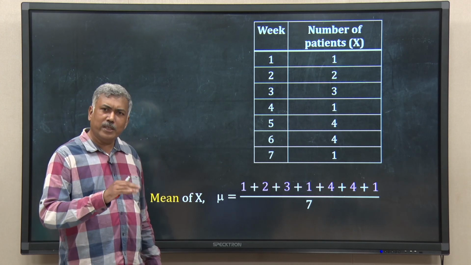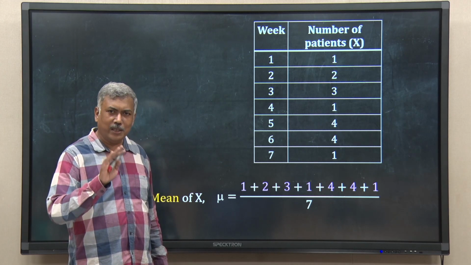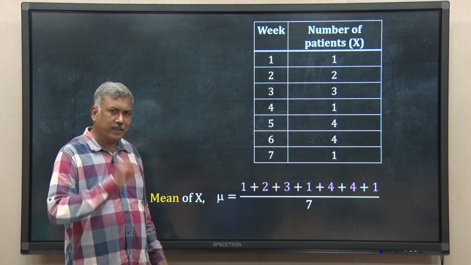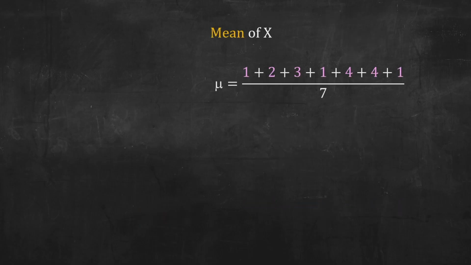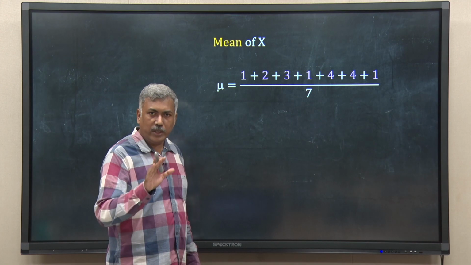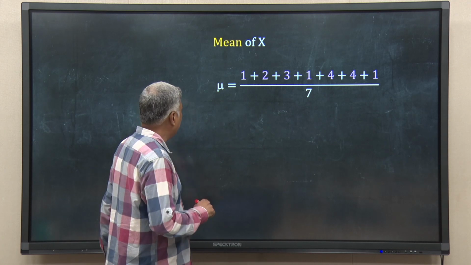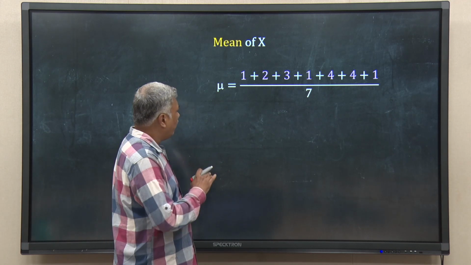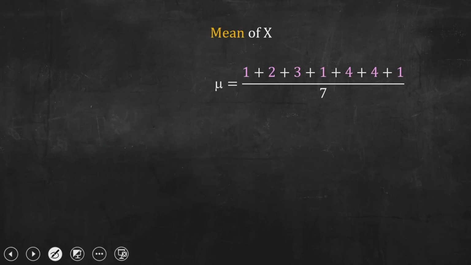Now, I want to do the same mean calculation, but in a bit different way. Let us see that. I have written the summation of all the numbers, 1, 2, 3, something like that, divided by 7. That is what you will do to calculate the average. Now, let us count how many 1s there are. I have 1 here, a second one here, and a third one here. So, I have three 1s.